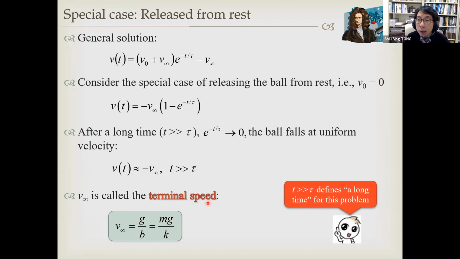And so the net force acting on the person is 0, and the person falls with a constant terminal speed or the terminal velocity. That is what you learn in high school. Now the terminal speed in this case is given by g over b. If you like, you can rewrite the b in terms of k over m, and that becomes mg over k.